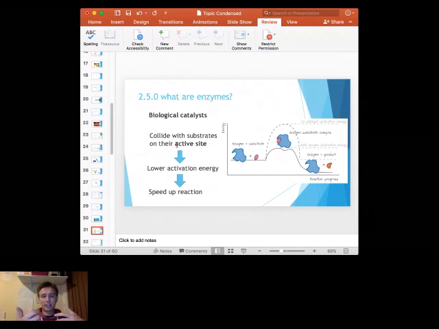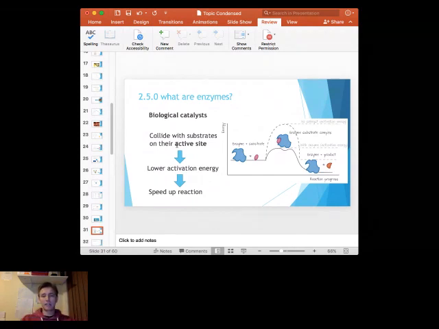Now, the way that we change the chemistry is by lowering what's called the activation energy. So as you can see in this diagram here, an activation energy is the energy that any particle has to have in order for a reaction to occur, right? Which might sound a little bit abstract at first, but if you just imagine energy levels being hills, then the initial activation energy can be represented by this gigantic mound here, okay?